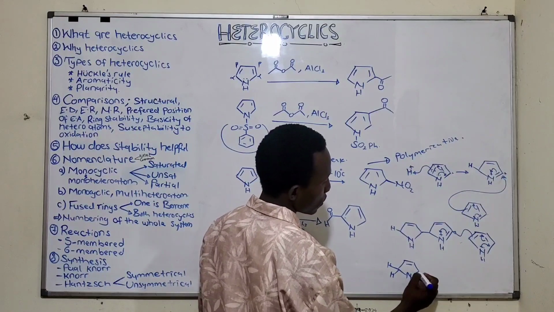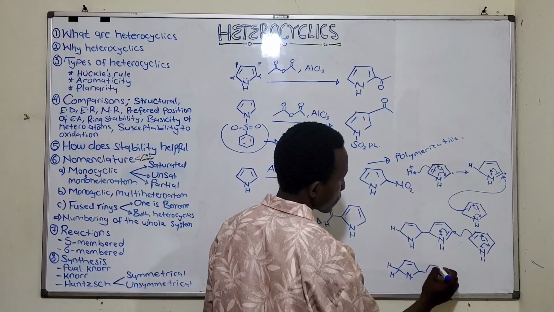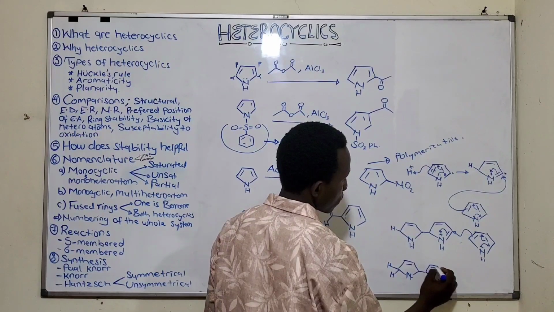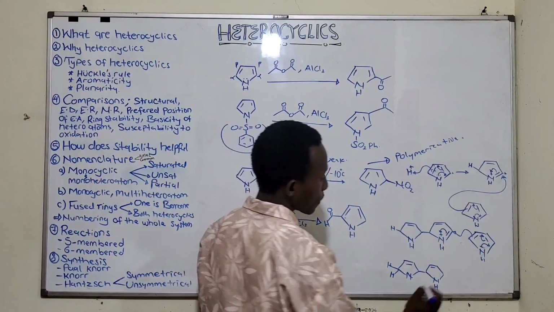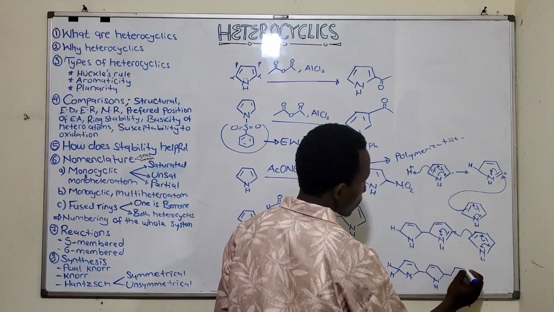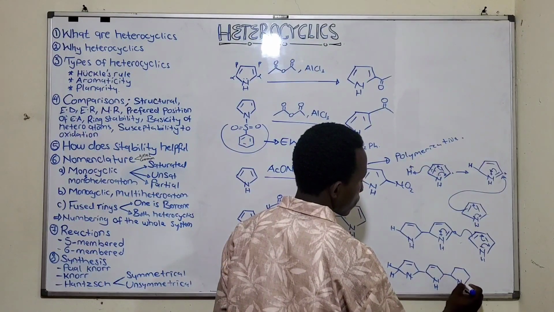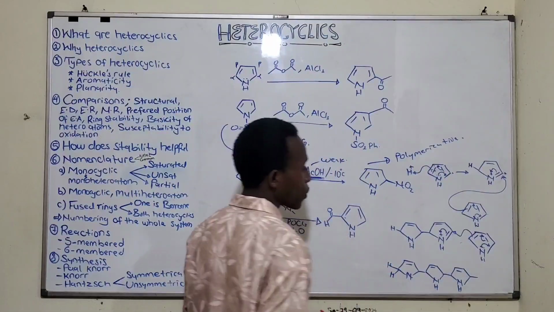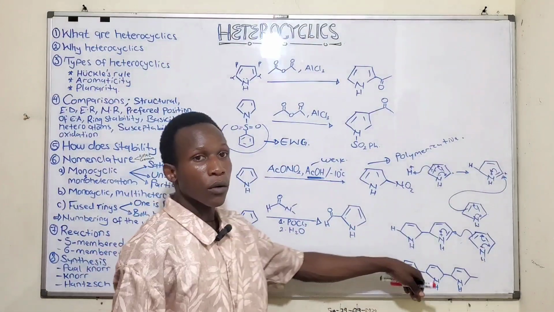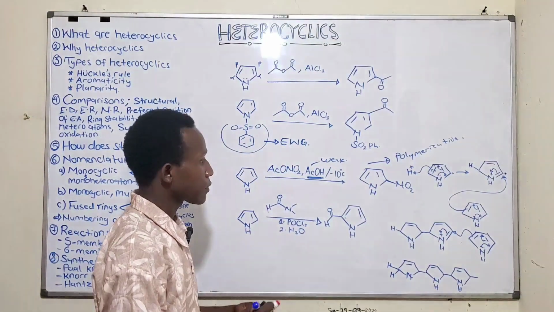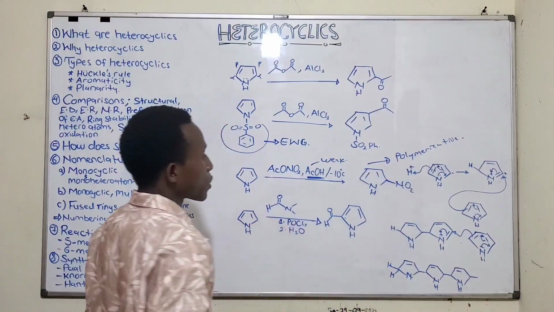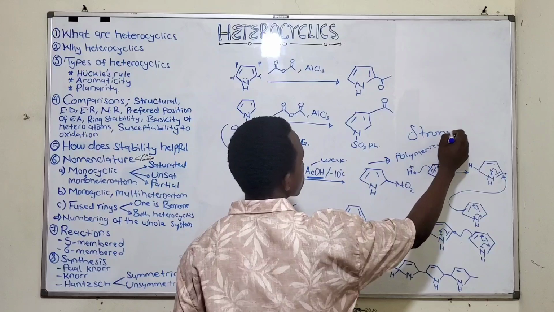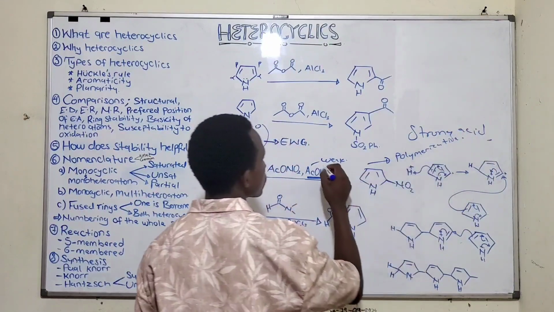So we shall have this with NH with that bond. Again, we form another one, H with our bond, like that. So the polymer continues growing. That's what we shall have in case you use strong acid. That's why we use weak acid.